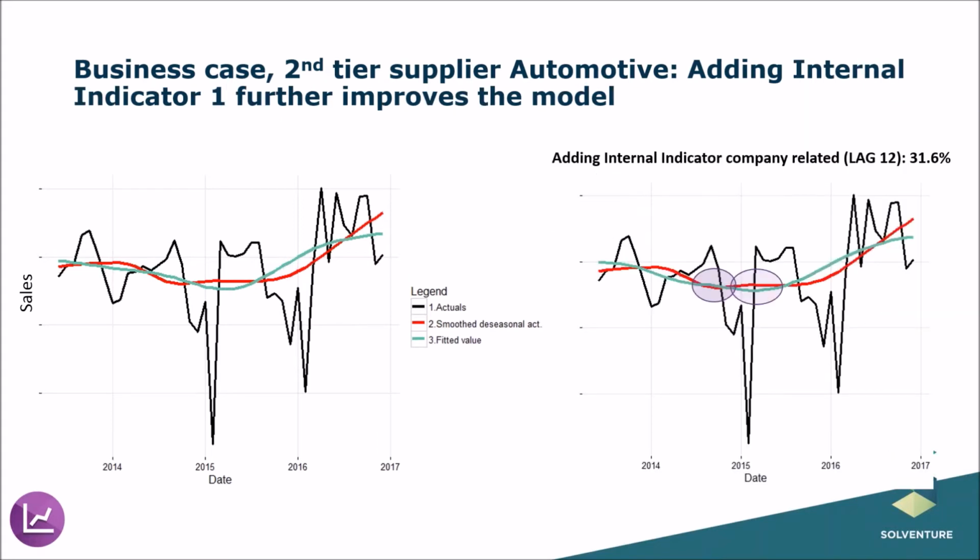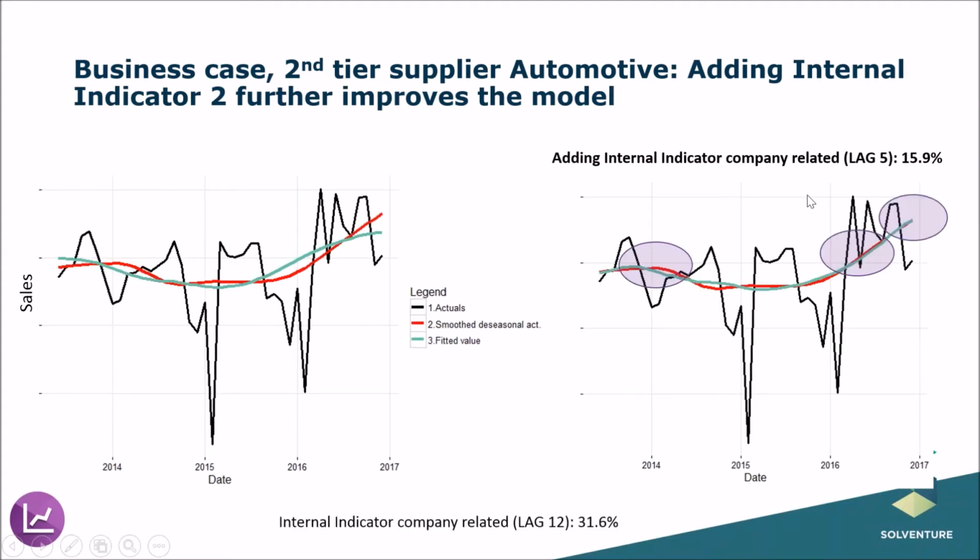And without going into too much detail, by adding extra indicators, so we had two company indicators which we added, a first one and a second one, this is really the result where we have added the different indicators. So that's the model with the 4 indicators.